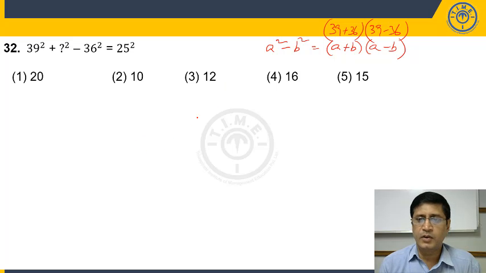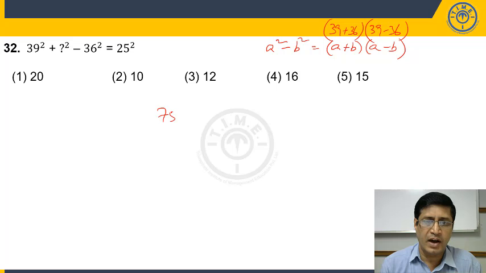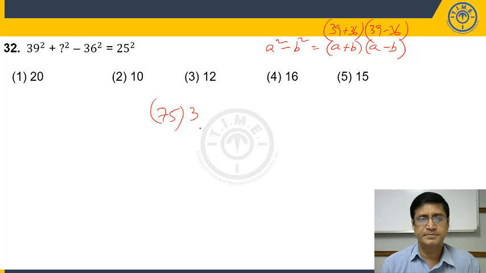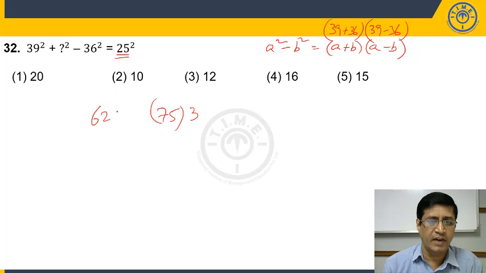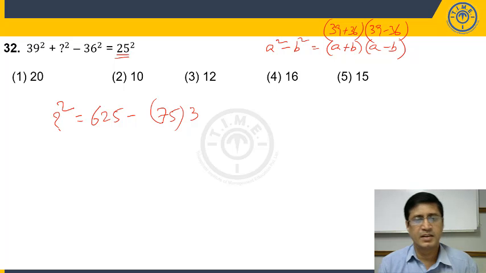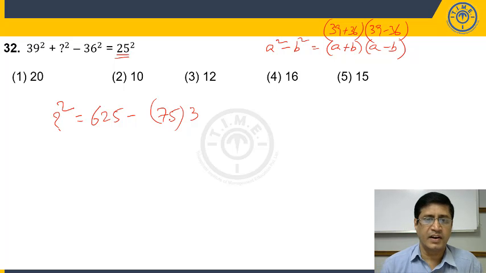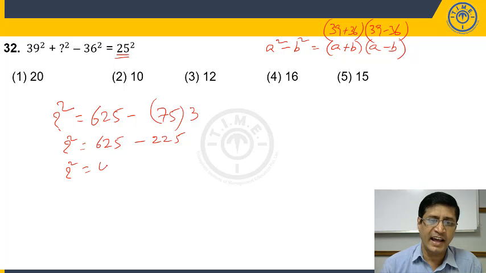Now here we can express the same thing as 75 into 3. And 25 square means 625. So 625 minus 3 times 75. 3 times 75 is 225. So when you subtract 225 from 625, it will give 400 as a result.